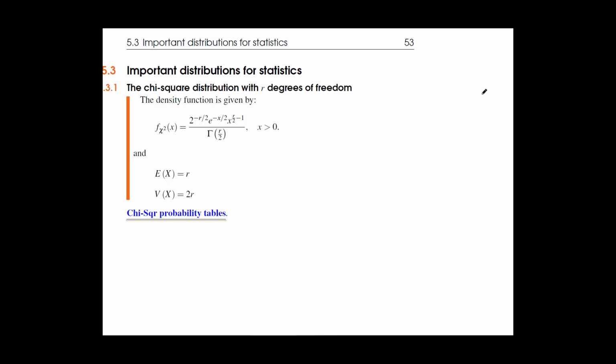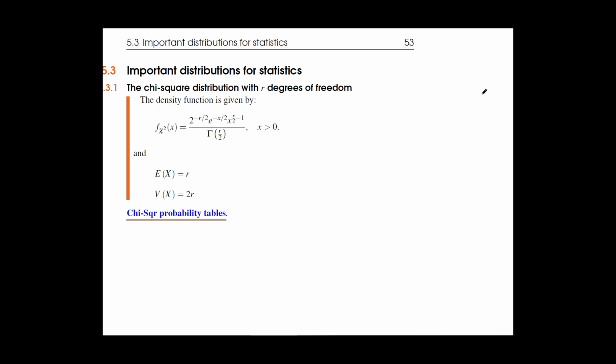Very good. Now we're up to the last section before we start talking about statistics. In this section, we're going to apply what we know about functions of random variables, because in statistics we're going to use these two distributions that we're going to discuss now.